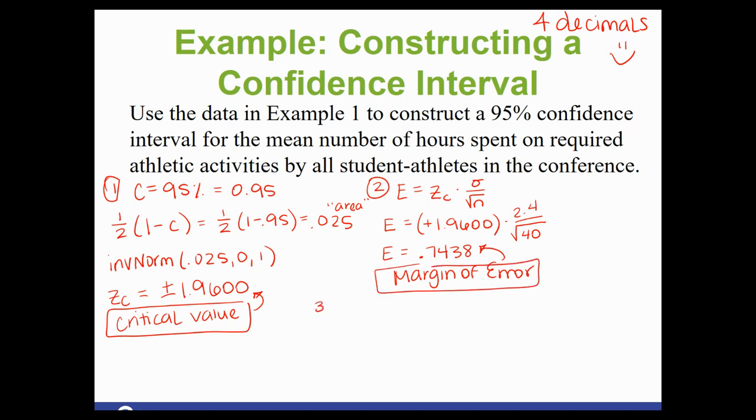The last step is finding the confidence interval, which is our sample mean minus E and our sample mean plus E. Just as a reminder, our sample mean was 21.05, minus the margin of error we just found. We are going to both add and subtract these to get the interval.